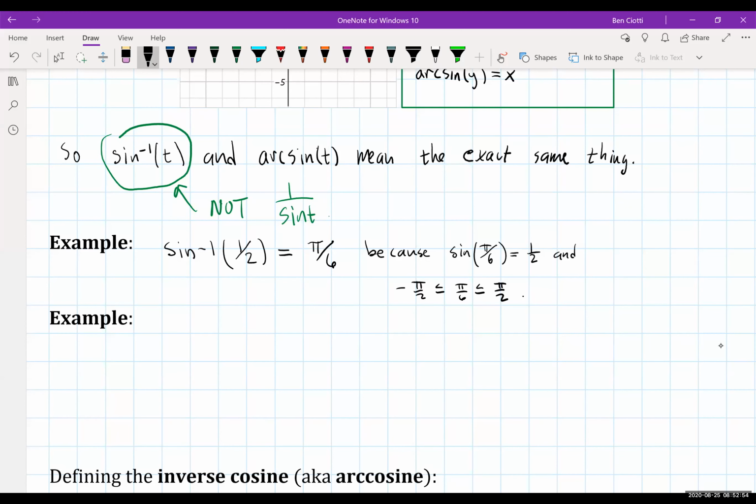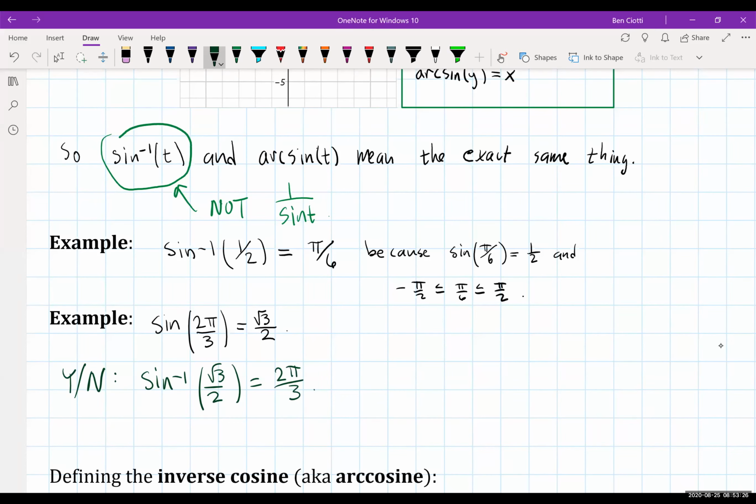So, sine of 2 pi over 3 is, what is that? Is root 3 over 2. Yes or no? Sine inverse of root 3 over 2 equals 2 pi over 3.